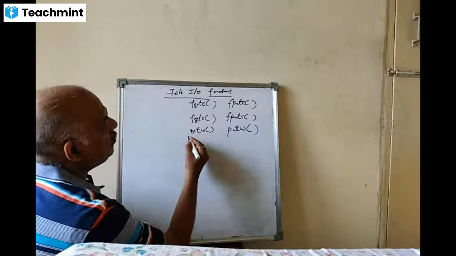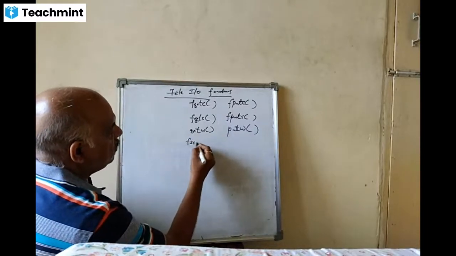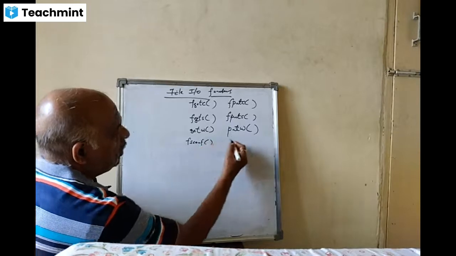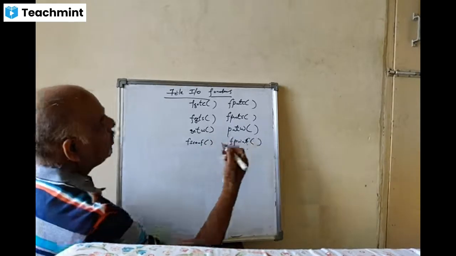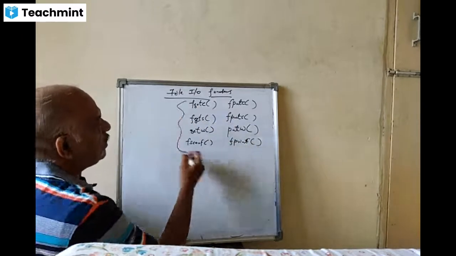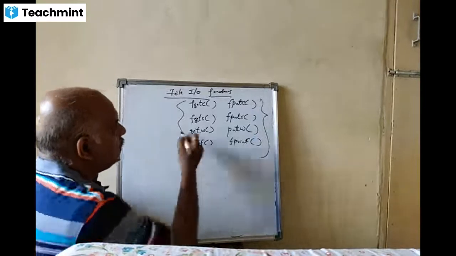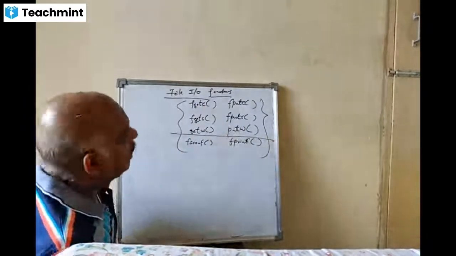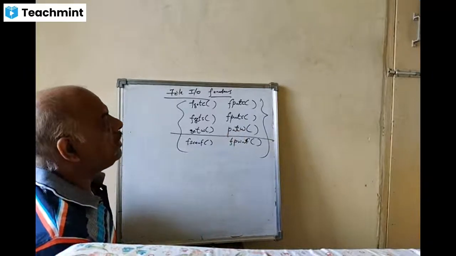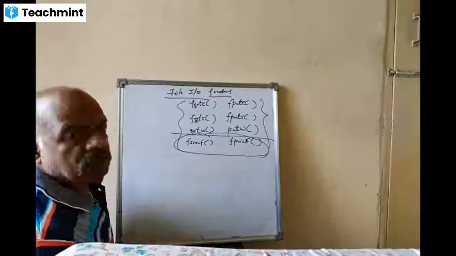Now fscanf, fprintf. So these are the things you have to study. These first six are unformatted file IO functions. This is a formatted file IO function.